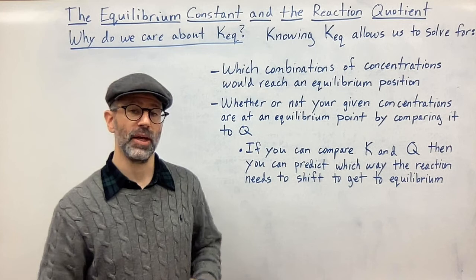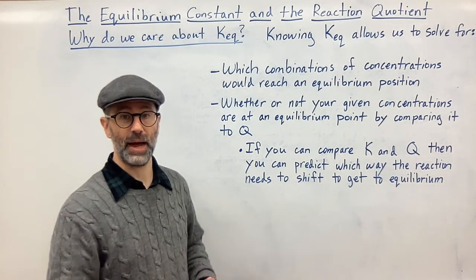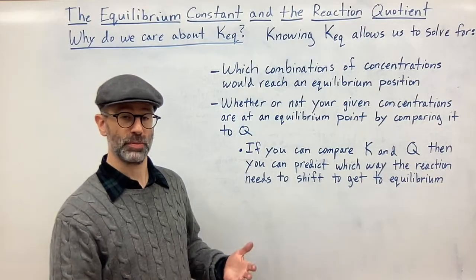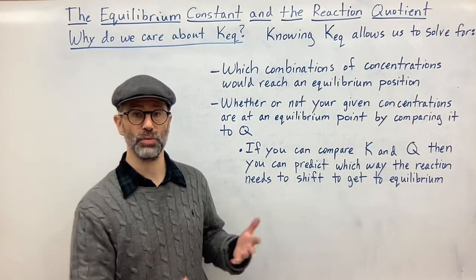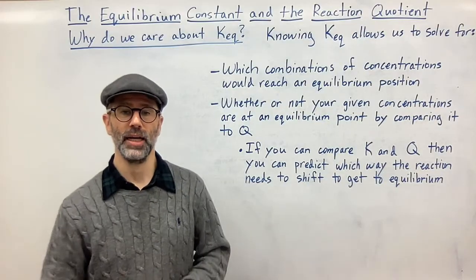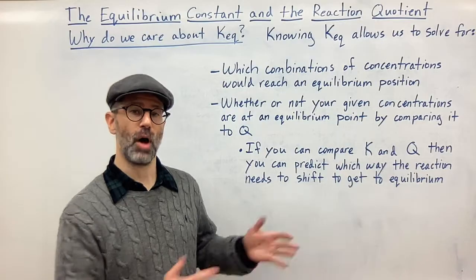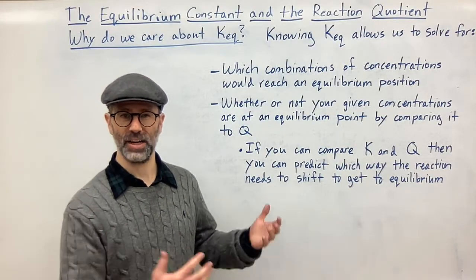As we just saw, if Q is larger than K, then that means that we have too much product. And so it's going to have to shift towards the reactants to lose product and create more reactants, right? So we can figure that out. If Q is smaller than K, that means we have too much reactant and not enough product.